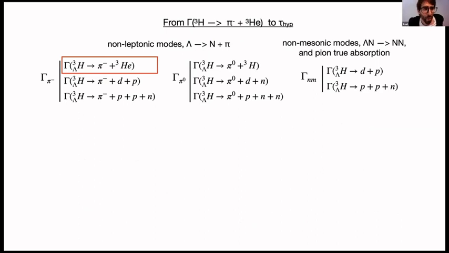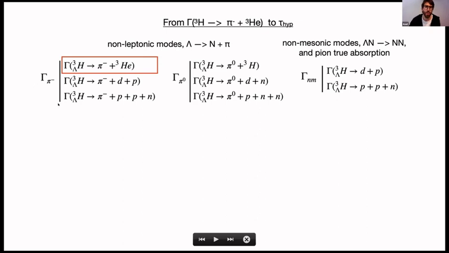So as I was saying, we focus on this partial decay rate, and how it is that only from that we can infer something about the total decay rate, if there are 8 partial decay rates. Those in the last column, the non-mesonic modes and the pion absorption, are very small, so we can just add them to the rest. First and second columns are related by the isospin 1/2 rule. So the change of isospin in these reactions seems to be always 1/2.